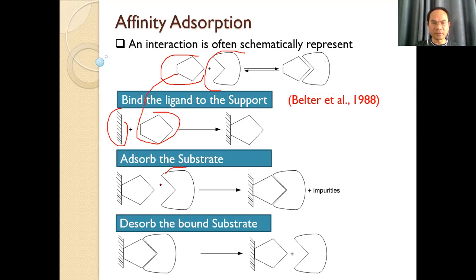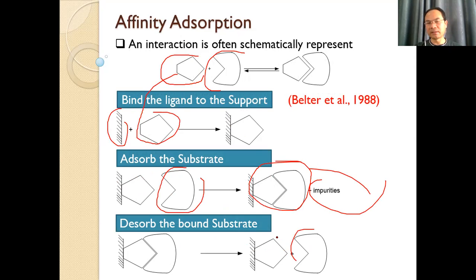Then the specific solute contacts the ligand, while impurities do not contact, for example. This is adsorption by affinity. Then you can dissolve the solute, and the ligand can be regenerated and reused again. The picture shows how the affinity adsorption interacts.